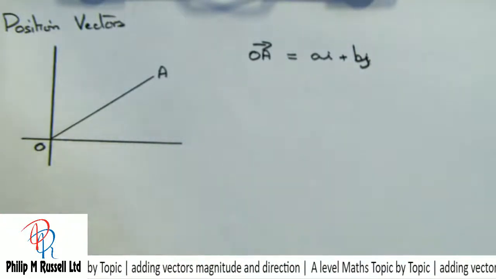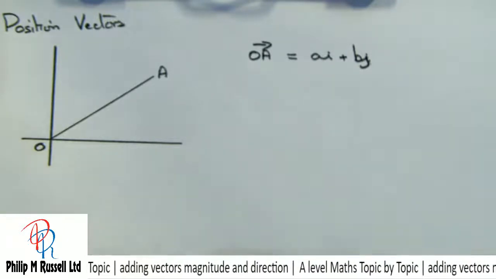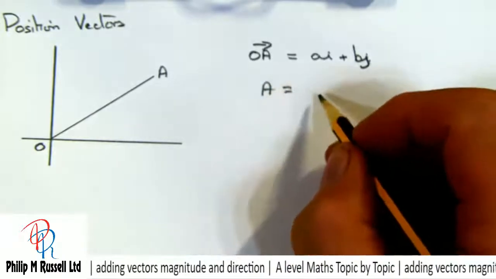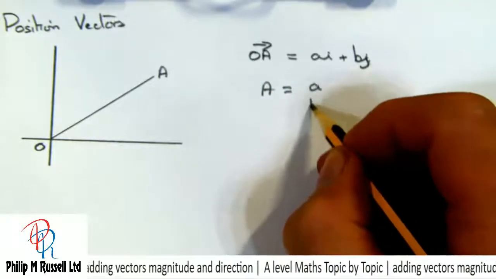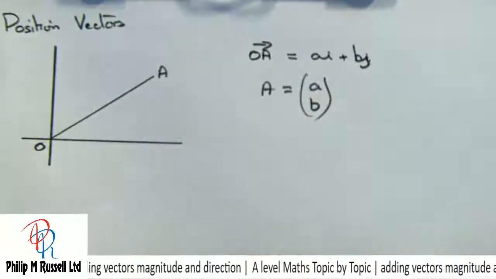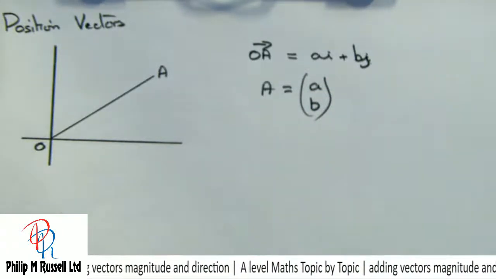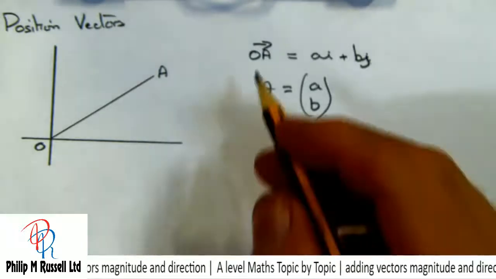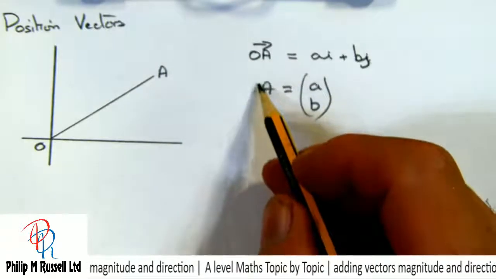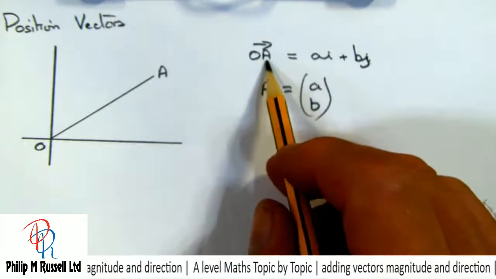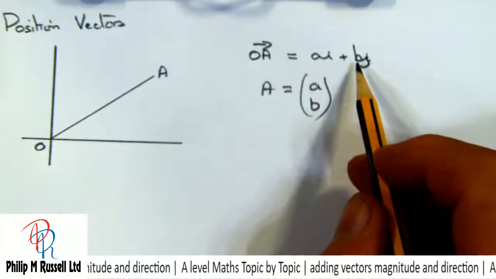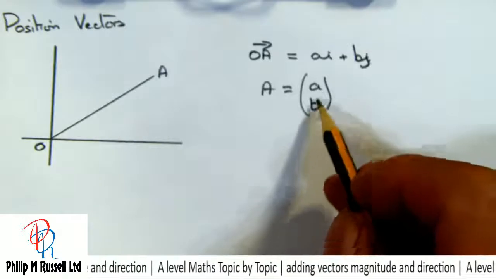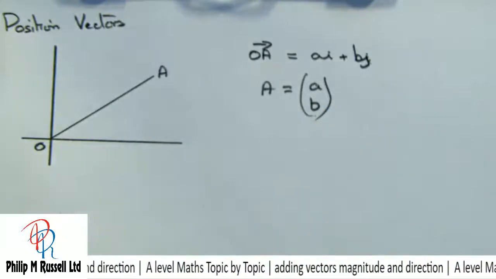We can work out then the position vector of this. A is going to be (a, b). So in general here, if I want a particular point, then we can see that vector OA is going to give me ai plus bj, and that's going to give me the position here of this.